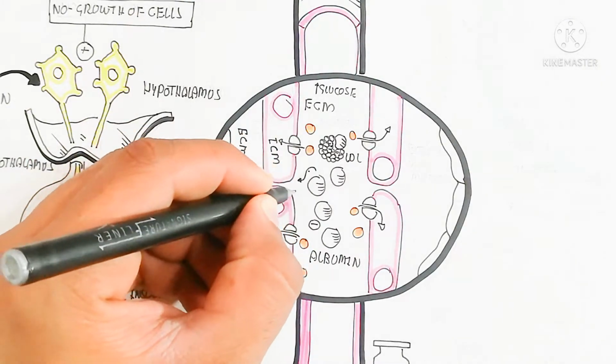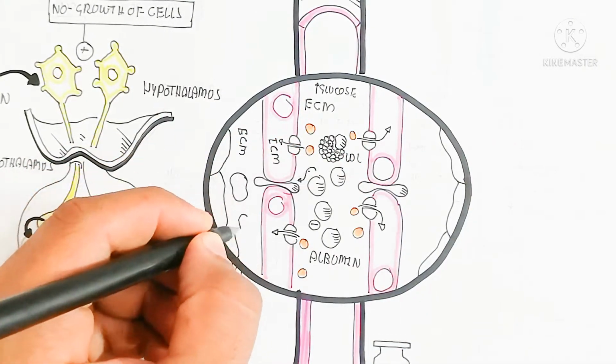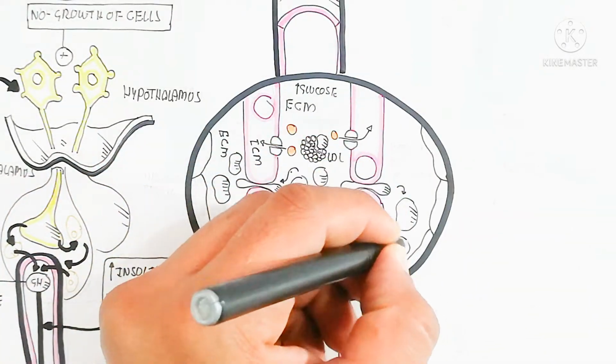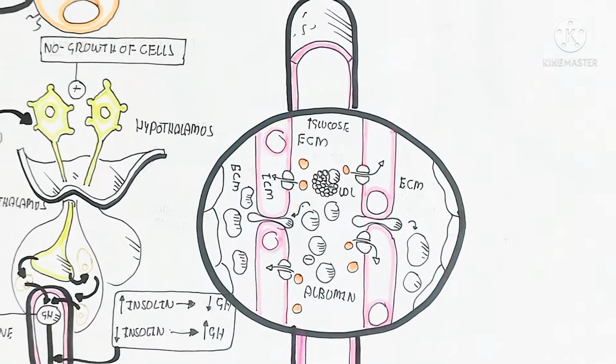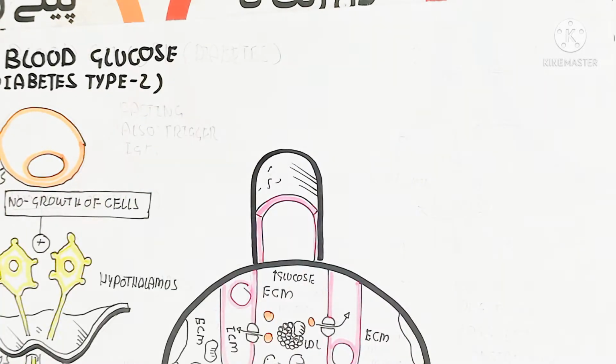Glucose can move inside the endothelial cell of the blood vessel without using insulin, so this is one cell that can take it in, and after this, low density lipoprotein.